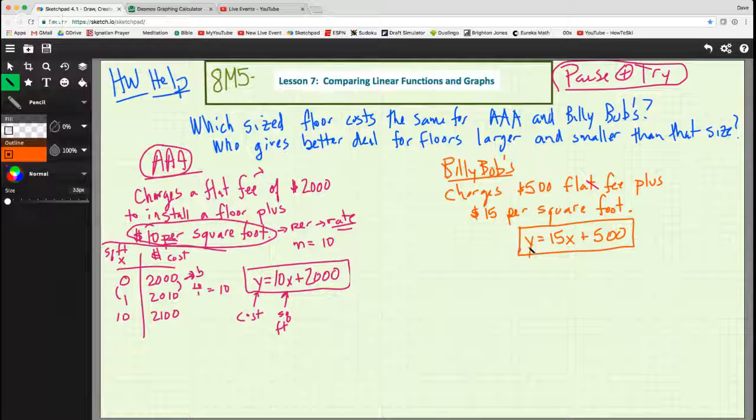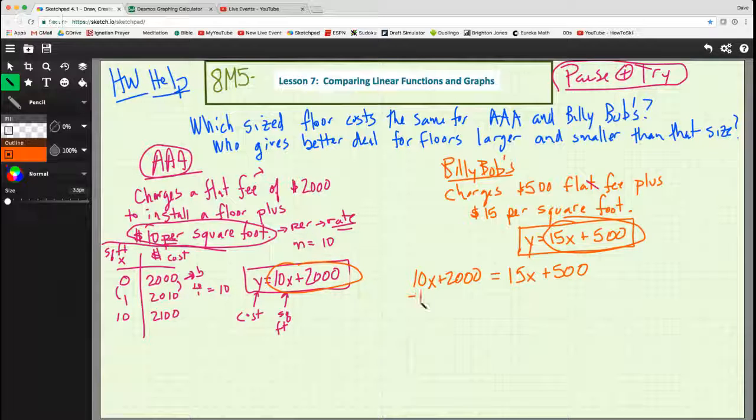So now we have to figure out, when do they cost the same? Well, let's use substitution again. If y is equal to 10x plus 2,000 and y is equal to 15x plus 500, we can just set those y's equal to each other and solve.